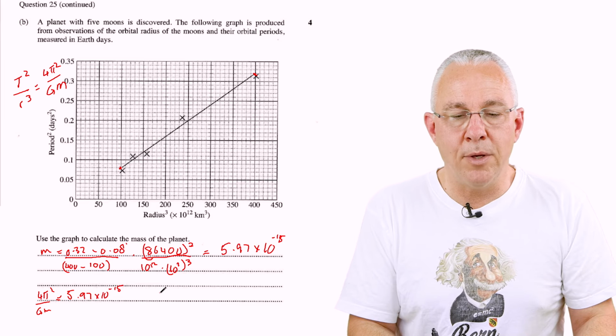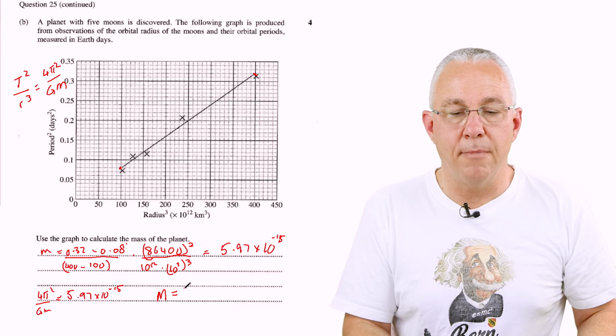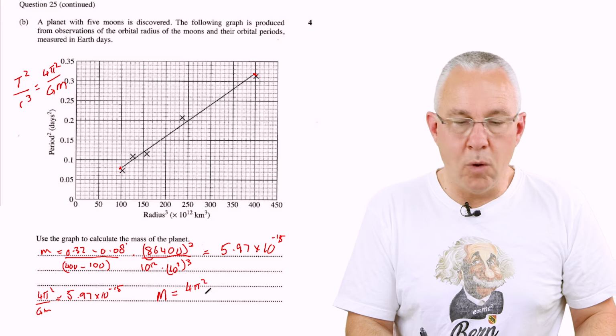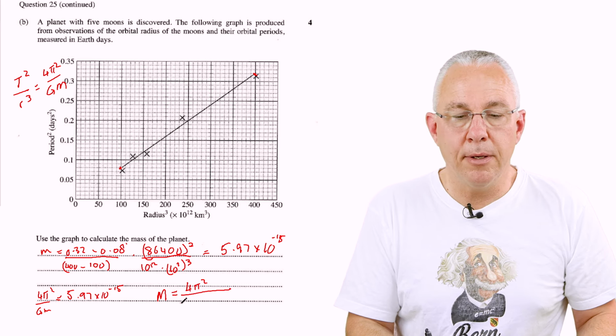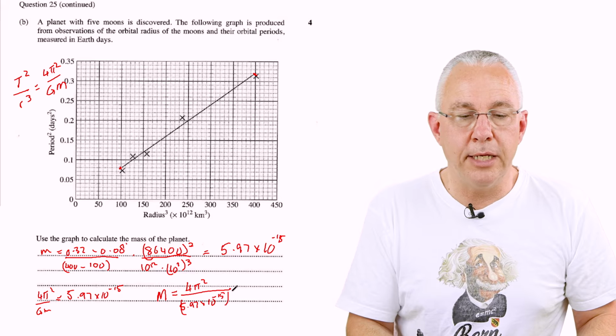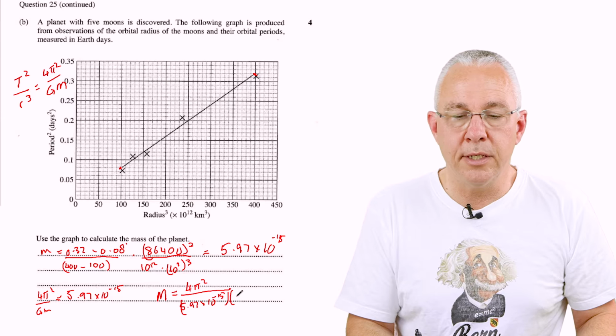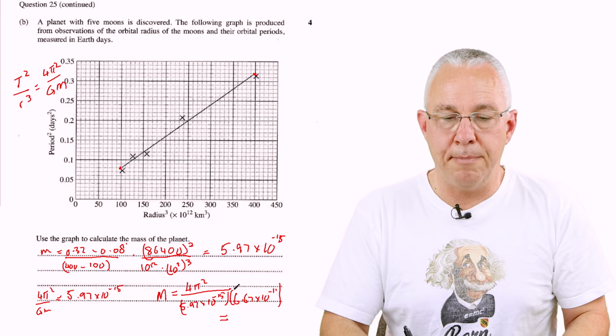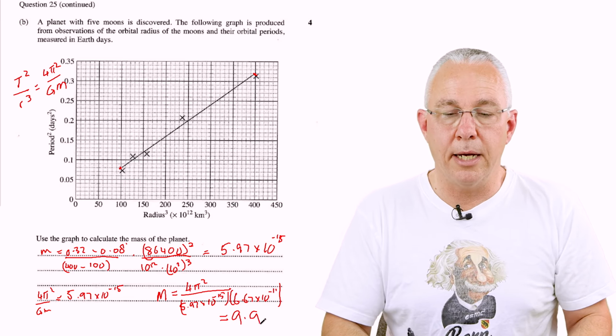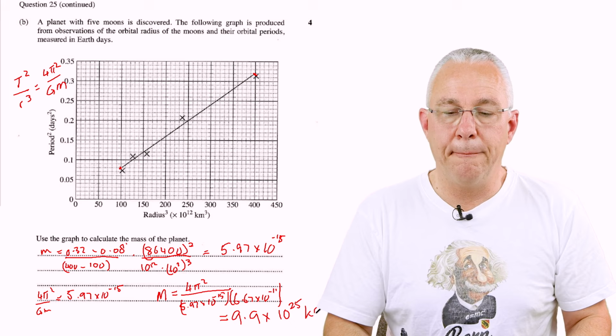So I end up, if I want the mass, I have 4 pi squared all over my slope, which is 5.97 by 10 to the power of negative 15. But I also need to have my gravitational constant, which is 6.67 by 10 to the power of negative 11. And therefore, my final answer ends up being 9.9 by 10 to the power of 25 kilograms.